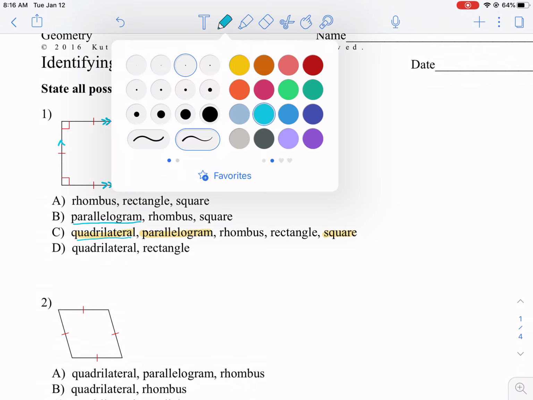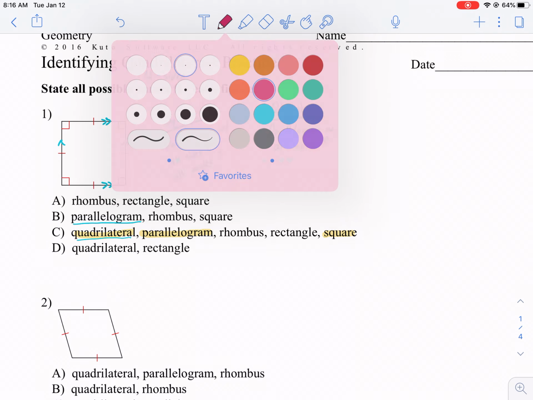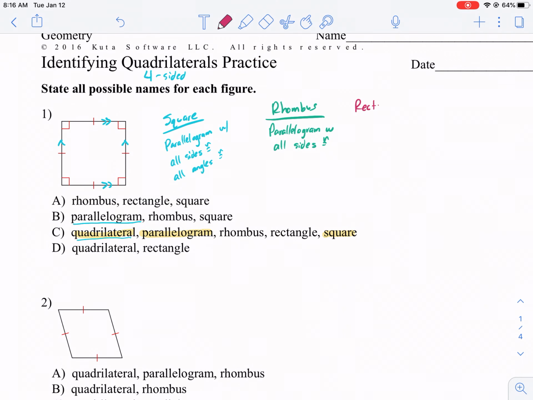Well, let's go over here. Let's change color. We know a rhombus, if you didn't know, is a parallelogram with all sides congruent. That's all there is for a rhombus, all sides congruent. And a rectangle is a special type of parallelogram.